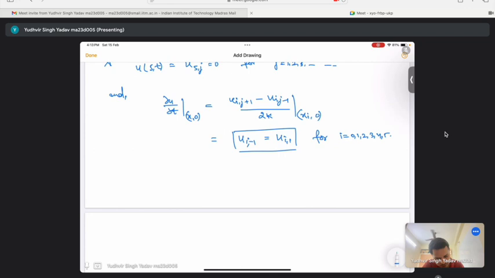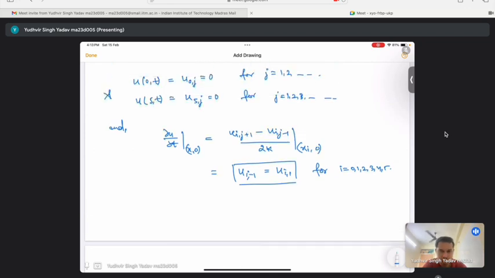Using these boundary conditions, we have the following information also, the following points we already know the values, that u(1, 0) is 20. u(2, 0) is 15. u(3, 0) is 10. u(4, 0) is 5.